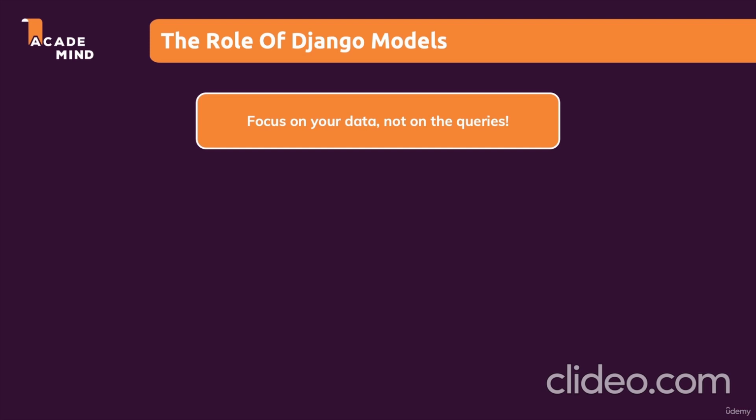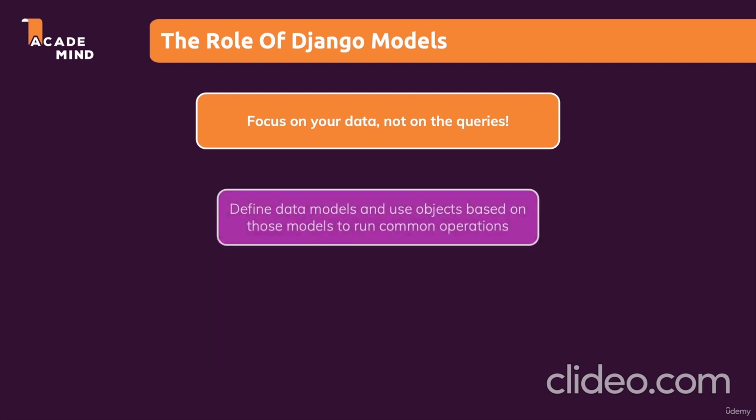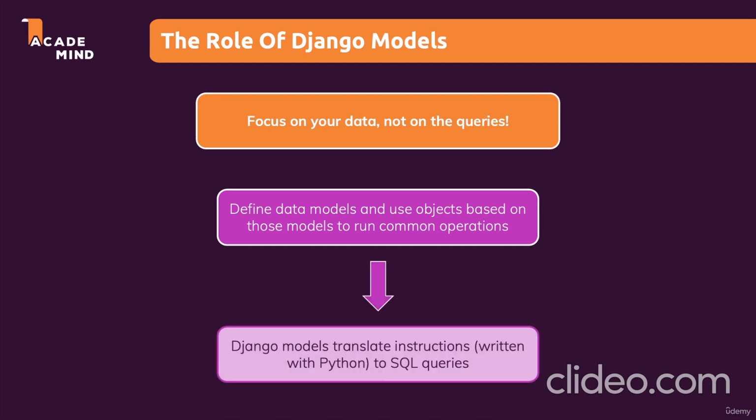Instead, with models, the idea is simple. We'll just define data models, which basically means that we'll create classes in Python, and then we use those classes or objects based on those model classes to run common operations. And Django will then create the SQL queries for us.